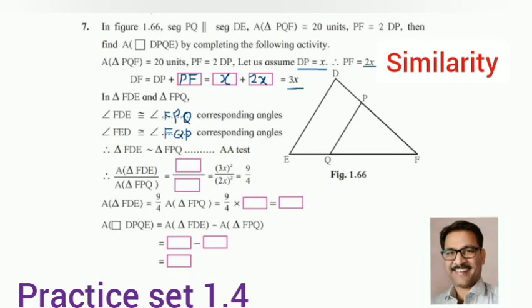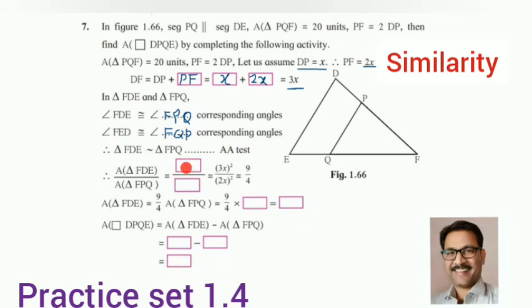Understand? Now, when two triangles are similar, then by using our last property, the ratio of the areas of two similar triangles is equal to the ratio of the squares of their corresponding sides. Which side do we have to take? The discussion is about DP, PF, or DF. That side only we have to take.